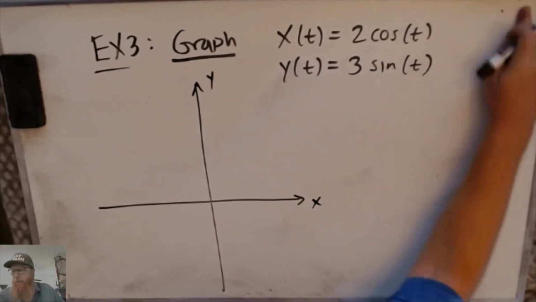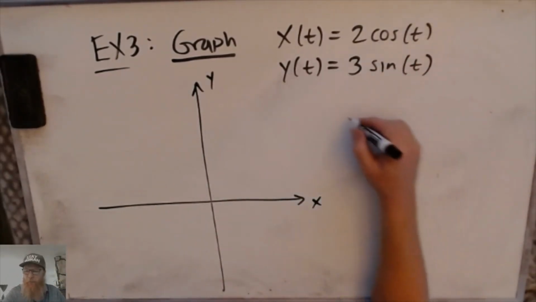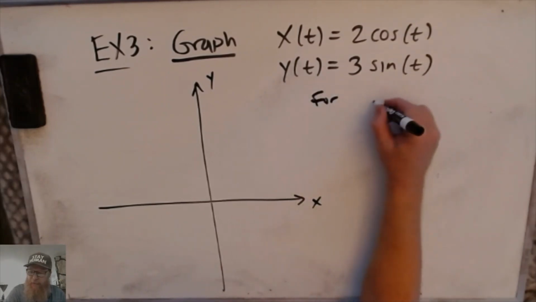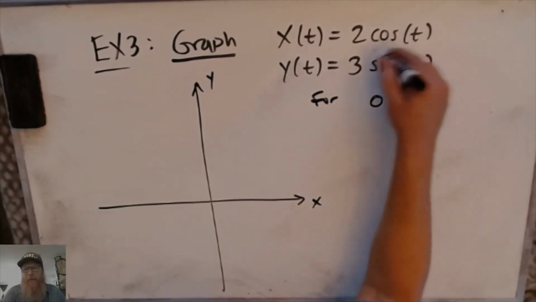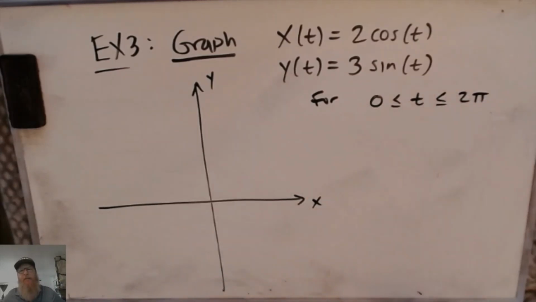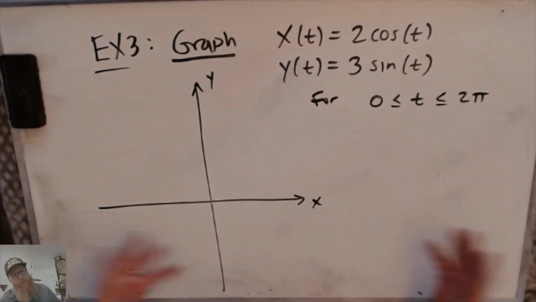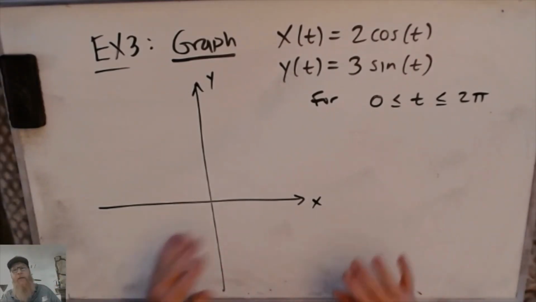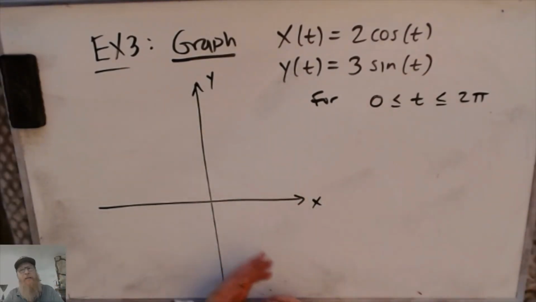Okay. I'm going to give you a limit on what t can be. Just anytime you see sine and cosine, it's pretty common to stay between 0 and 2 pi. Although there are other examples that get elaborate, maybe in calculus or something. But for our particular setting, we're just going to do one rotation. Okay.